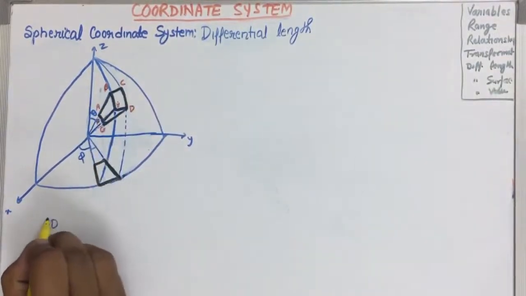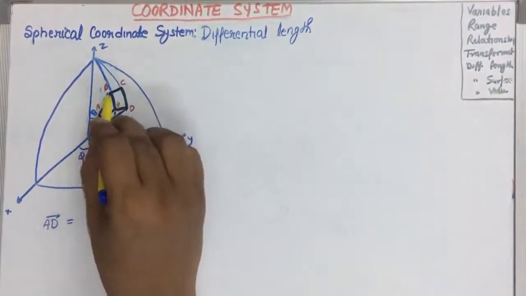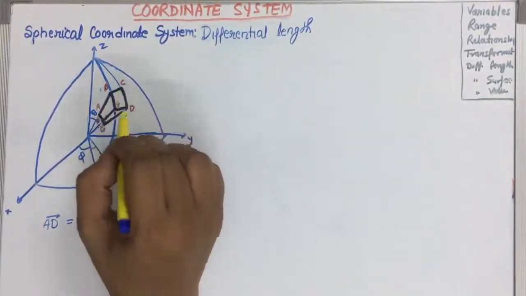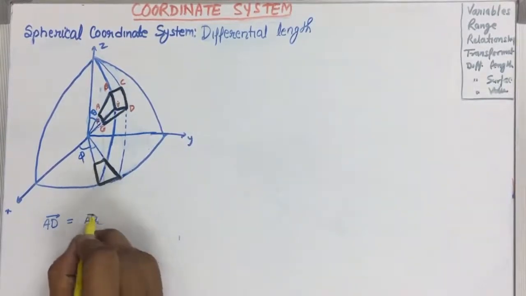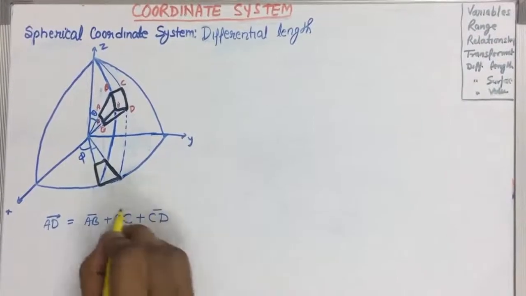So AD will be equal to AB plus BC plus CD.